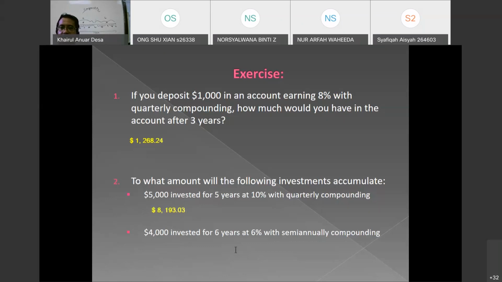Okay, biasa kan kita menggunakan 2 decimal points. Thank you, Siri. And the last one here. Come on guys.